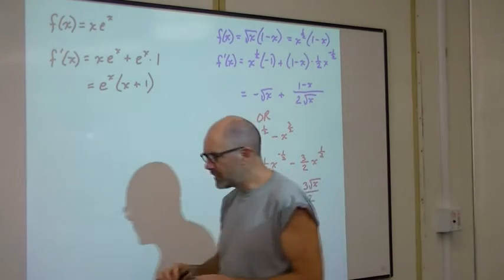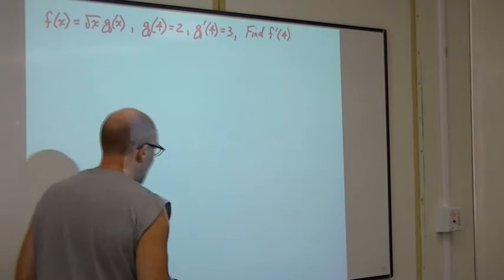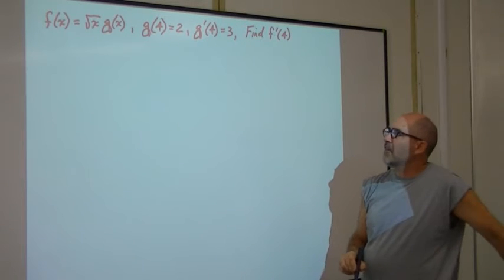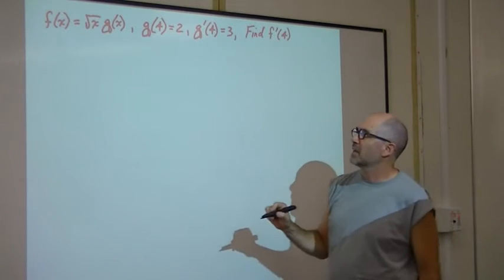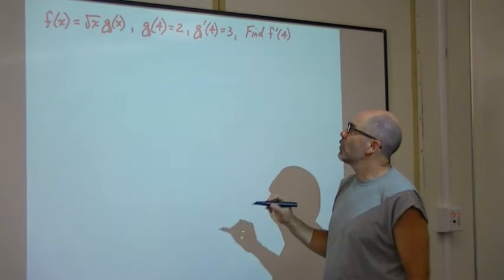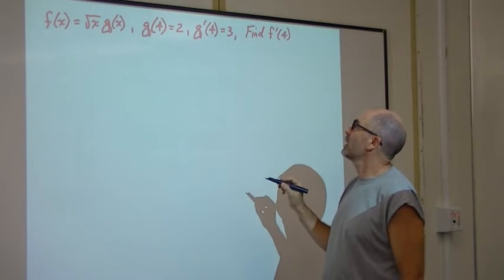Okay, cruising onward. Now, in this case, we're given that f of x equals the square root of x times g of x. Then we're given that g of 4 is 2, and g prime of 4 is 3.